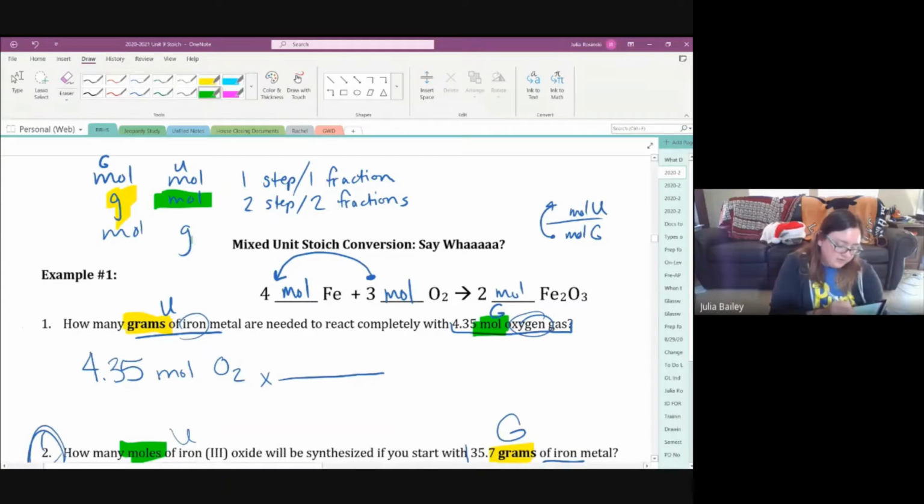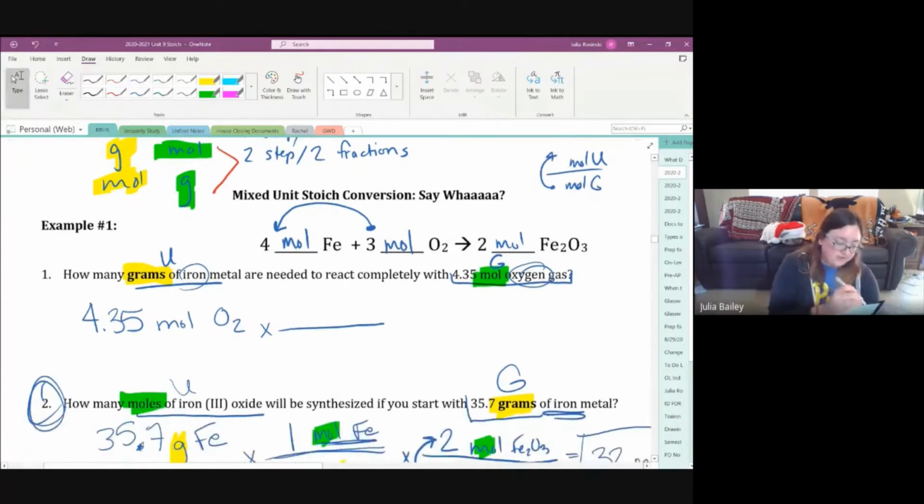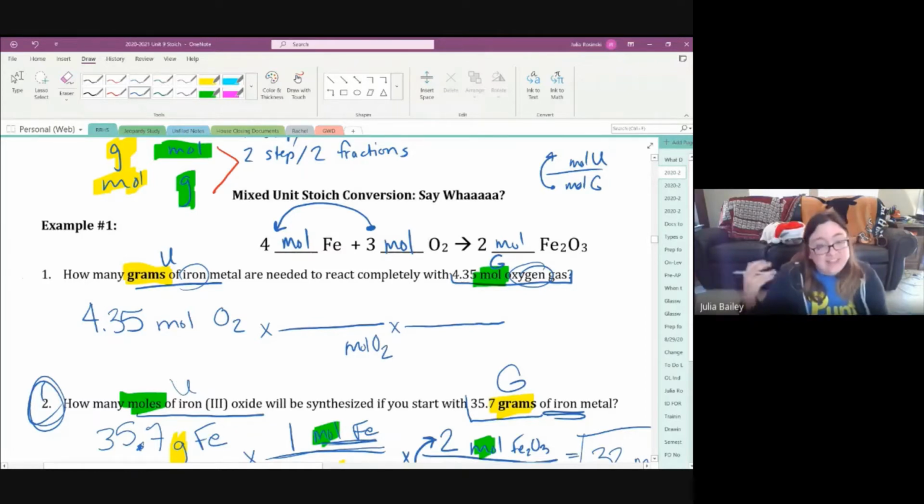Either way, that's still a two-step or two-fraction problem. So as soon as you see that this is a problem with moles and grams, you can go ahead and draw your two fractions. Remember, what goes up must come down. So moles of O2 have to come down to the bottom. Remember, your unknown goes on top at the end. So now that there's a second fraction, your unknown's got to go way over there.